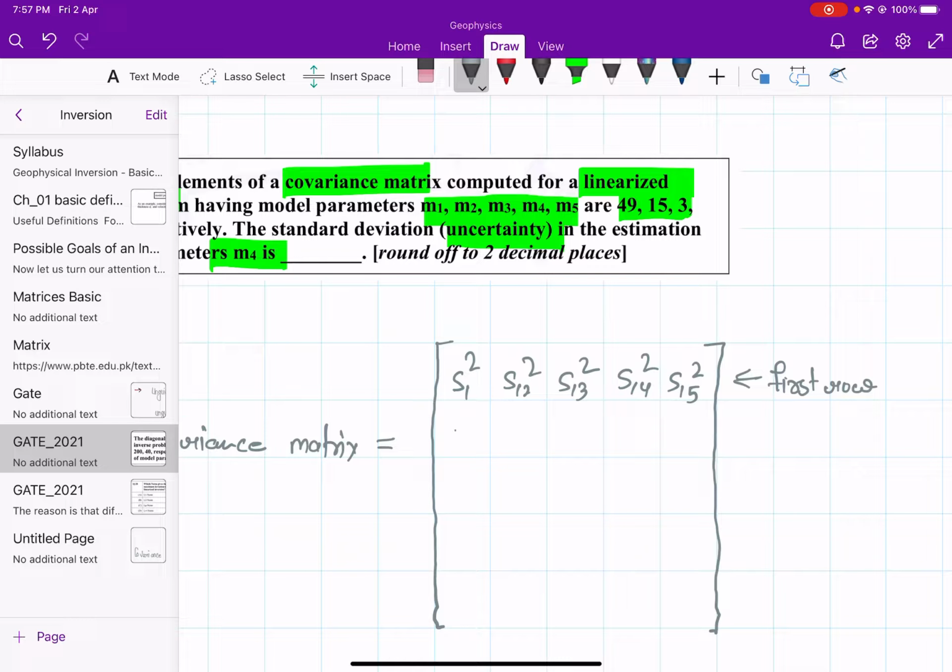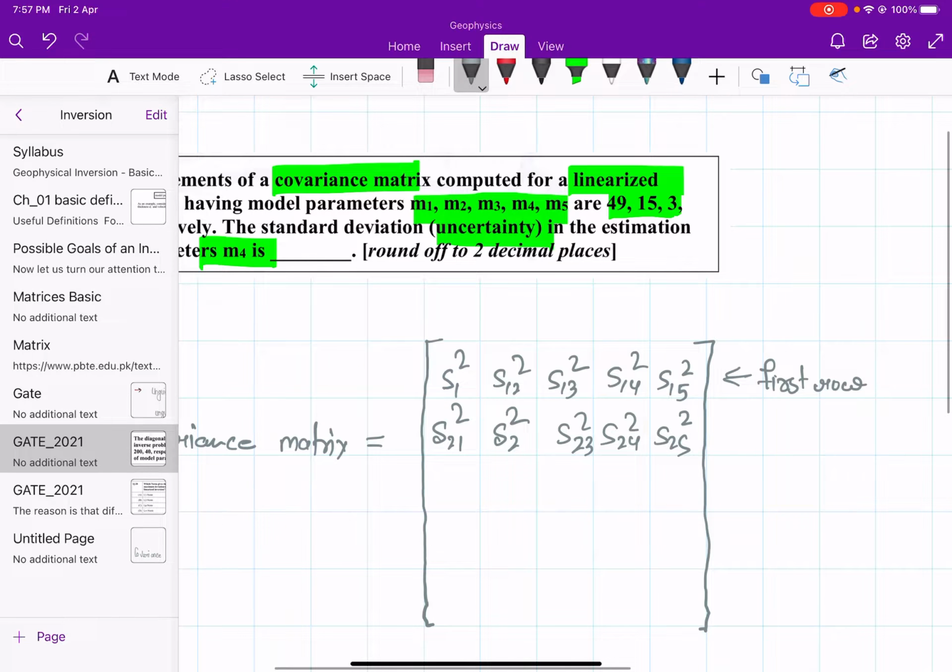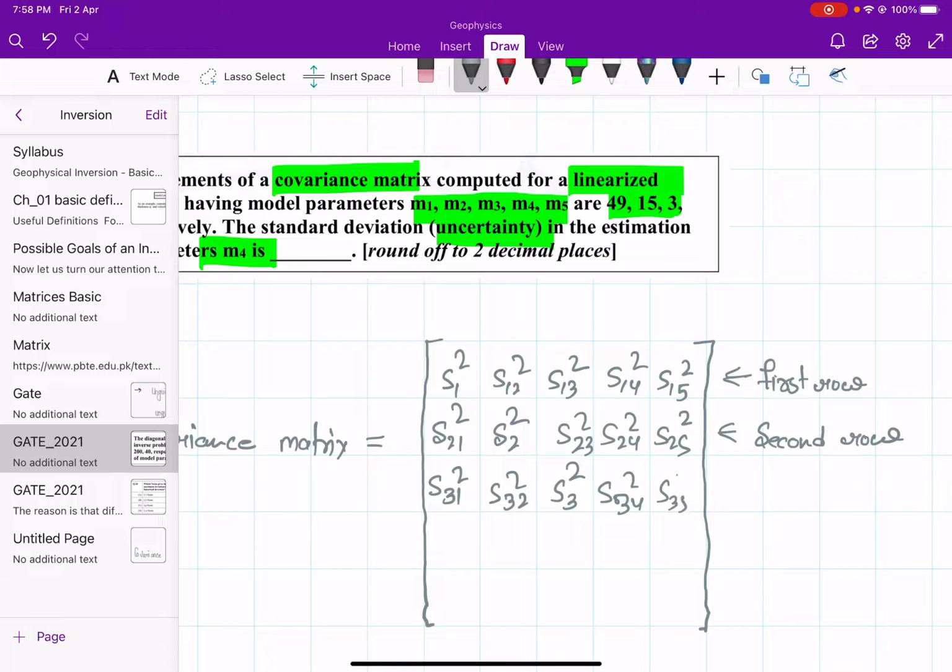The second row will be s21 square, s2 square, s23 square, s24 square and s25 square. This is the second row. The third row will be s31 square, s32 square, s3 square or s33 square, s34 square, s35 square.